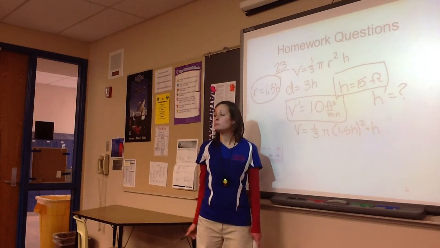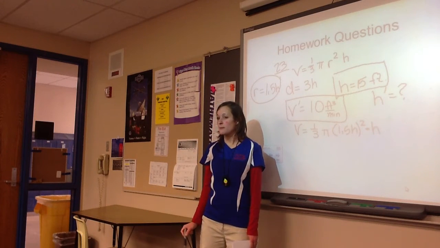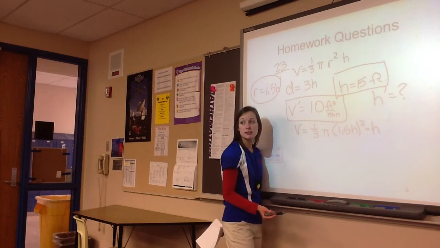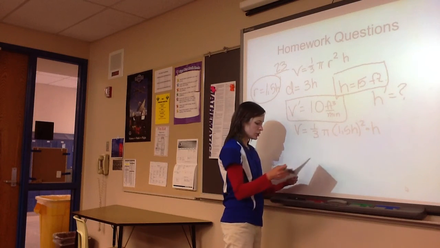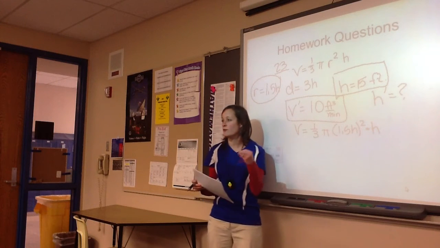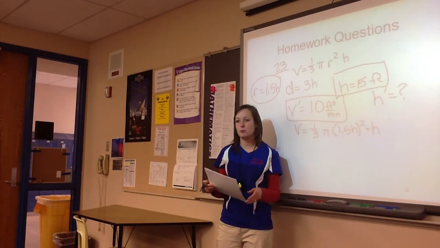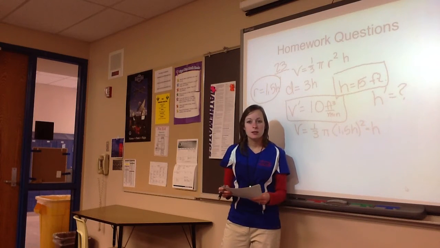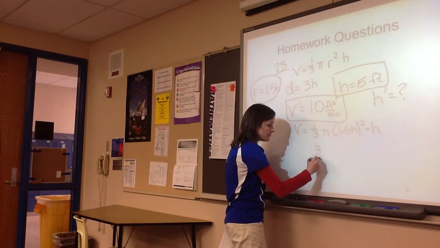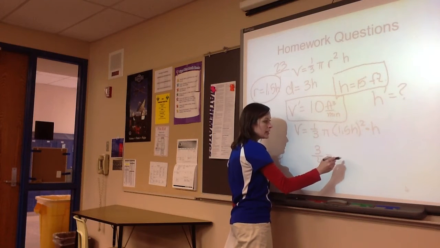Great questions. Any others? Okay, so if we square 1.5 and take it times 1/3, what do you get? So I'm going to get a coefficient in front. What is 1/3 times 1.5 squared? Okay. So 3/4 pi.